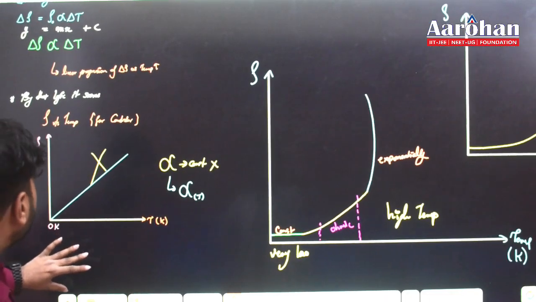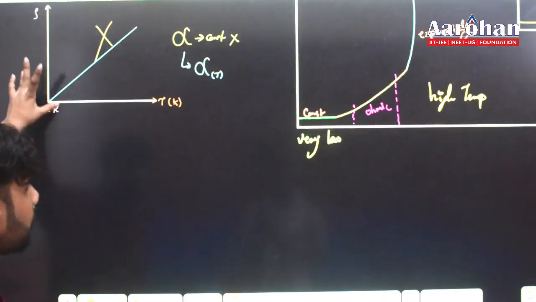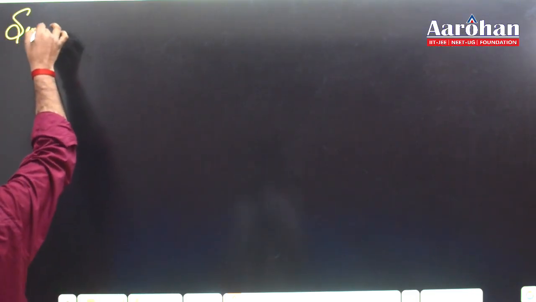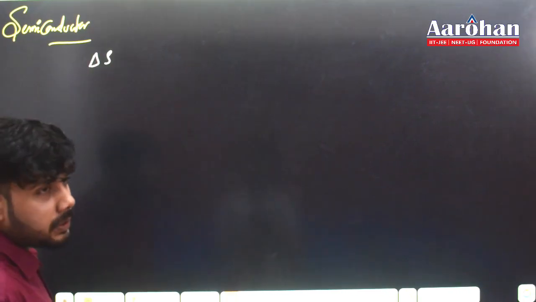This is your conductor. Now we'll talk about semiconductor, the resistivity versus temperature graph.